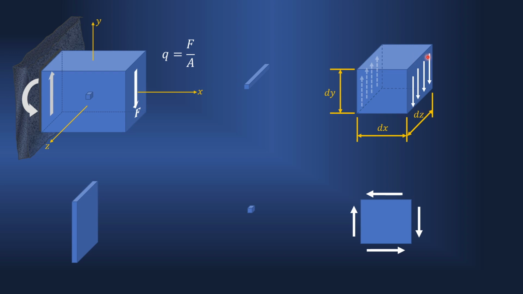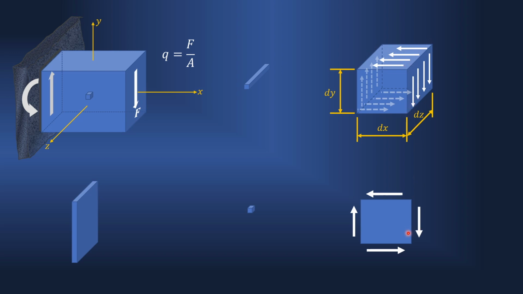So if the X surface is experiencing clockwise shear stress, then the Y surface is experiencing anti-clockwise shear stress. So the X plane, this surface, and the Y plane, these are two surfaces perpendicular to each other.